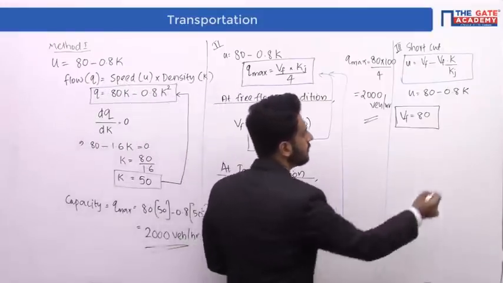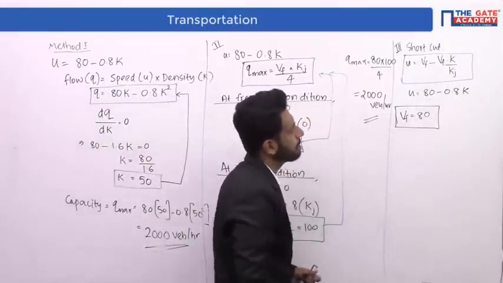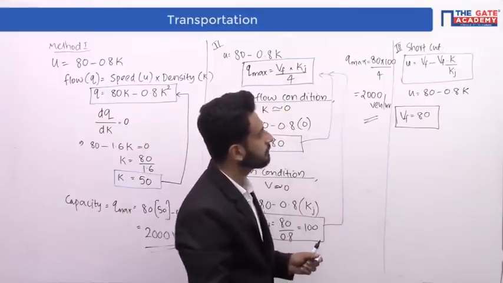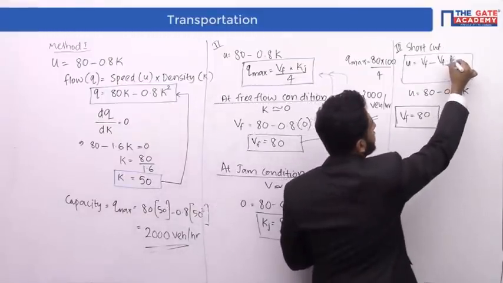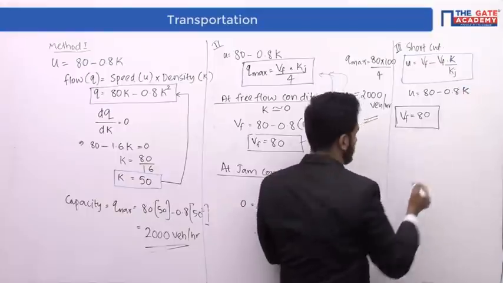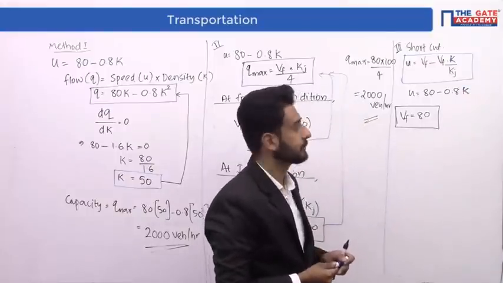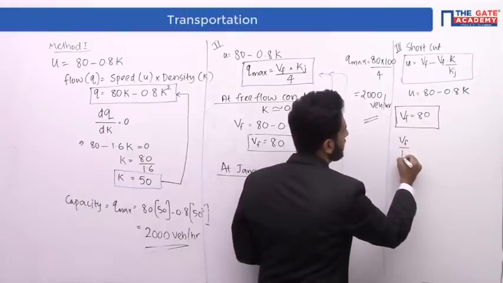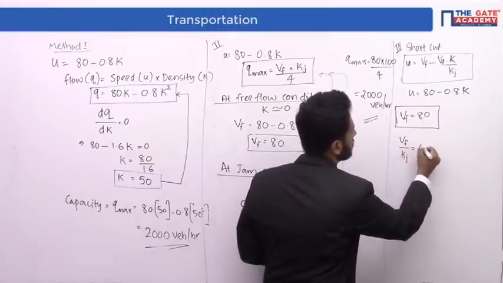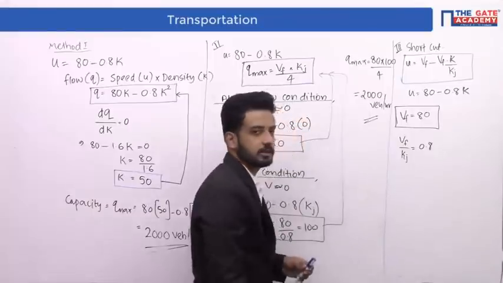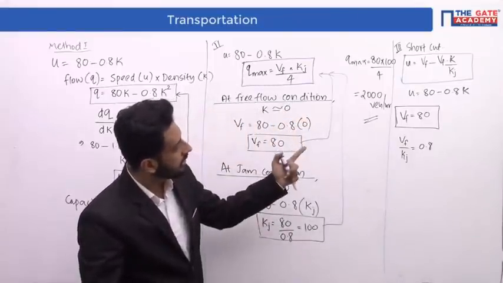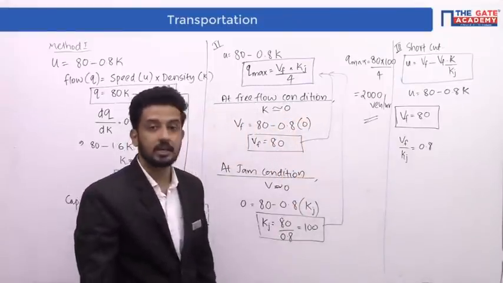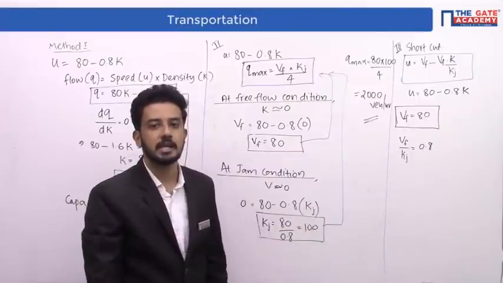Now, the minus is common, and what other terms are common? This K is also there. Okay, so that is also common. Now what is remaining? Vf divided by Kj I can equate to 0.8. Correct? Vf divided by Kj I can equate to 0.8.